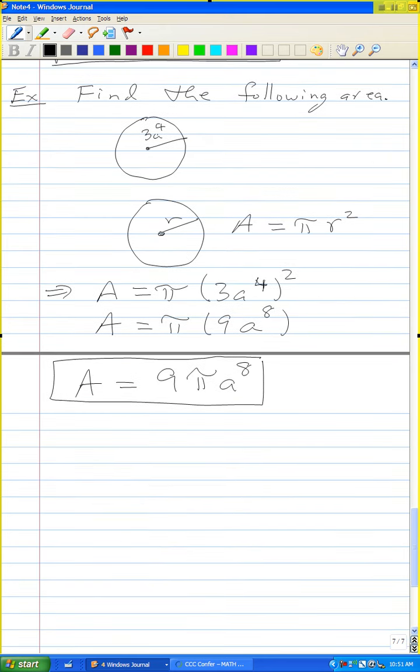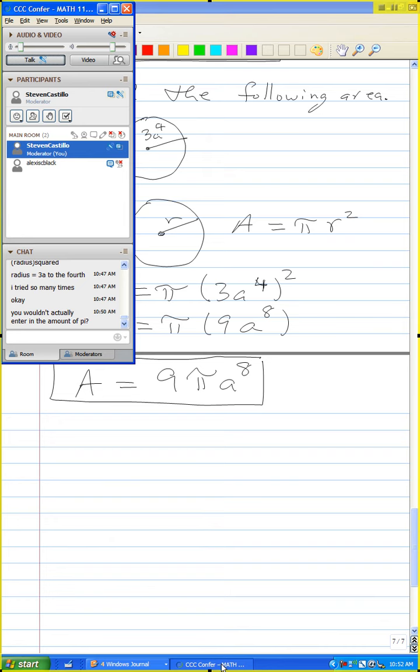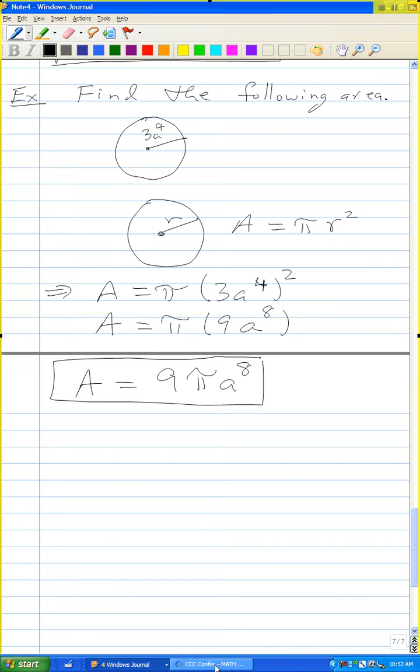Okay? No, you would not enter the value. Well, of course, you can't enter the value of pi because pi is an irrational number, and so that would take an infinite amount of time.